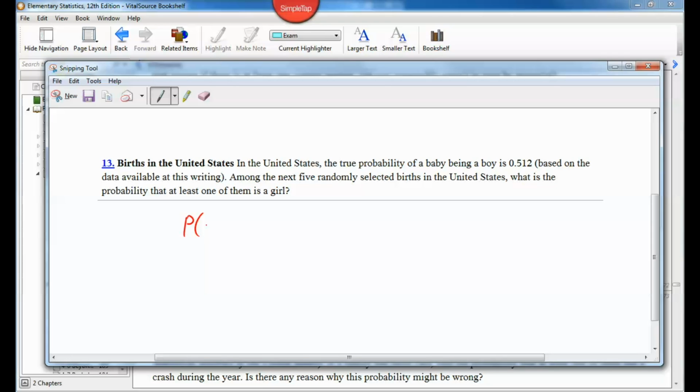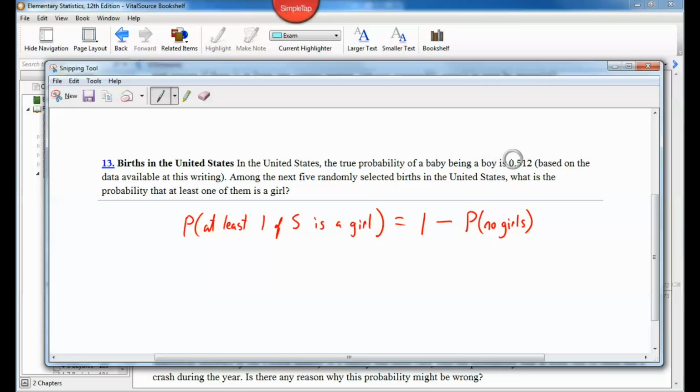So the probability of at least one of the 5 births is a girl. So to find that, you can say 1 minus the probability of no girls, which is, what does no girls mean? All boys. All right, so probability of a boy each time. Okay, so we need to figure that out.